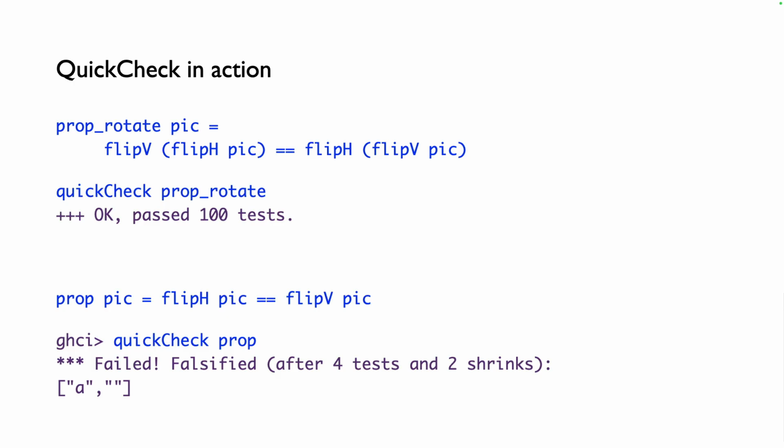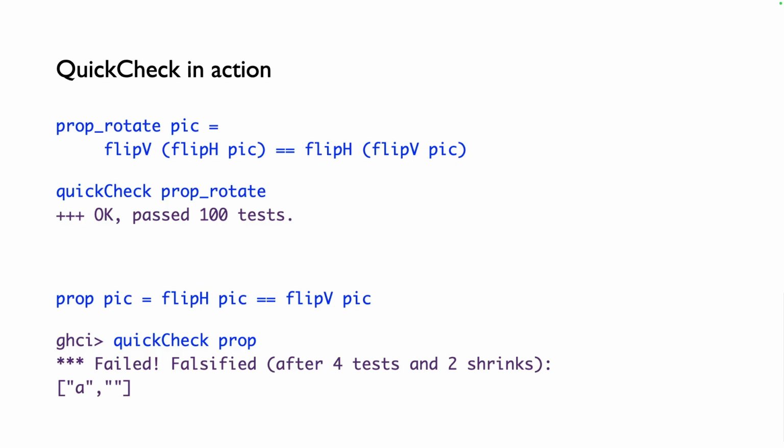What does the result of QuickCheck look like in practice? We saw earlier that it could say, okay, passed 100 tests, but suppose I give a property in the bottom half, that flip H of a picture is the same as flip V of a picture.